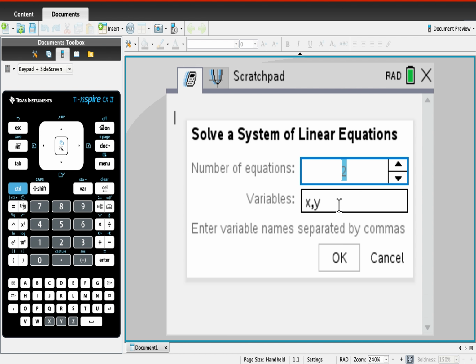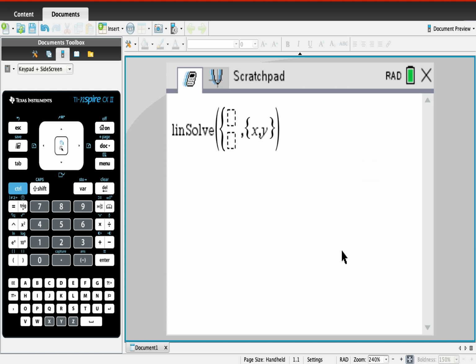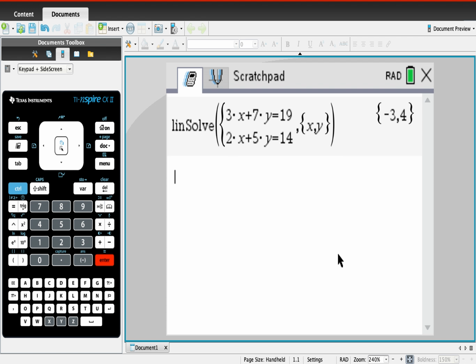It's going to ask me how many equations I have and what the variables are. We're typically just going to stick with this. You can go ahead and hit OK. Let's type these in. And I ended up with exactly the same answer.